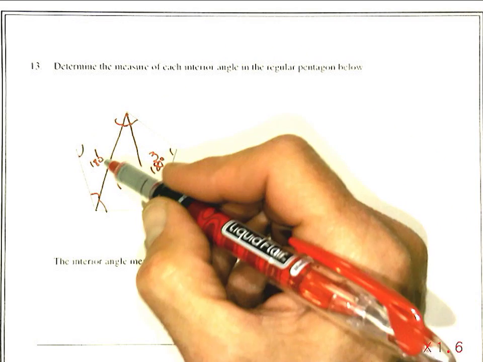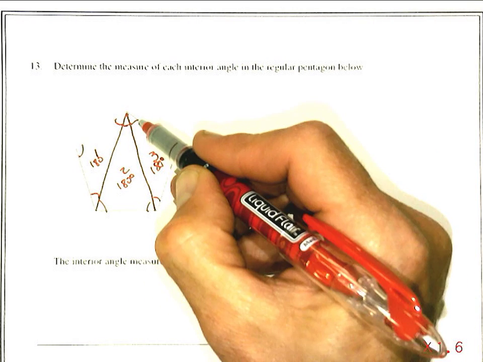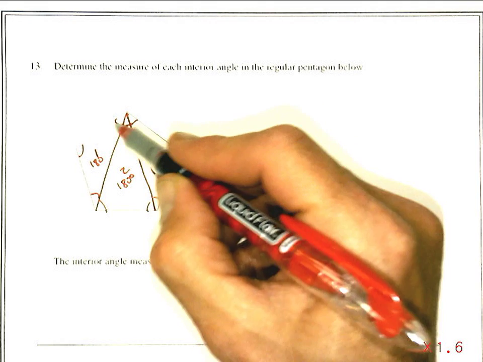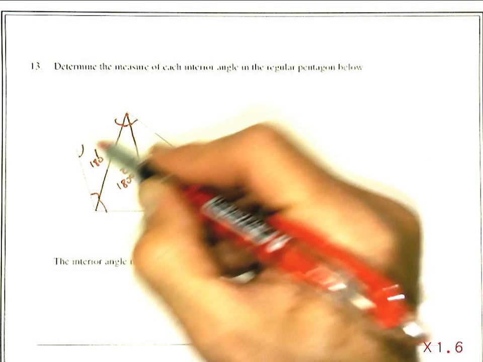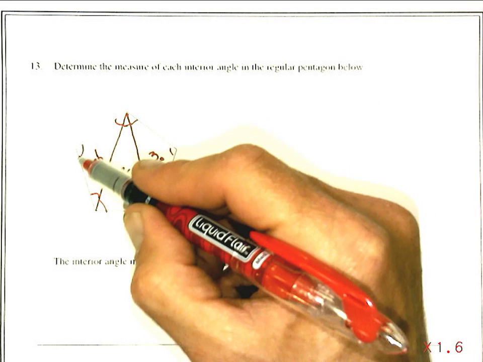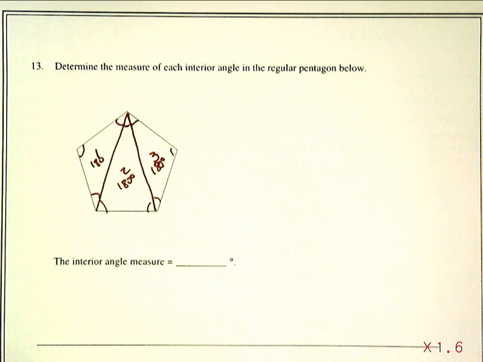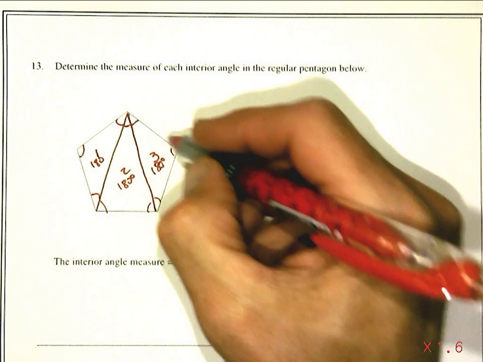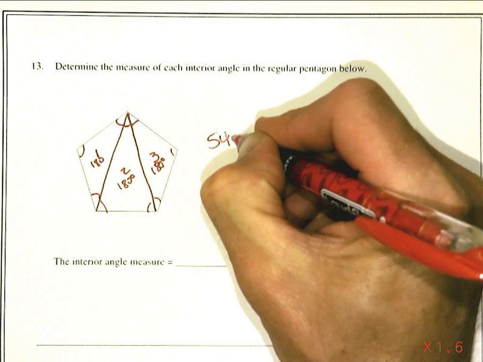All of these angles together are going to add up to the sum of the total angles in this shape altogether. So I just take that 180 times 3, and I get the sum of all the angles. For a pentagon, the sum of the angles is 540 degrees.